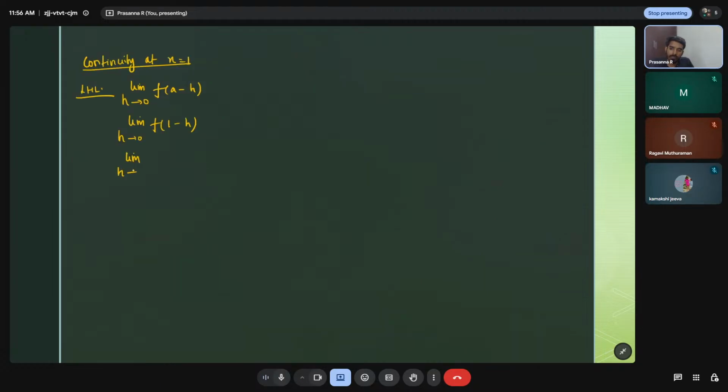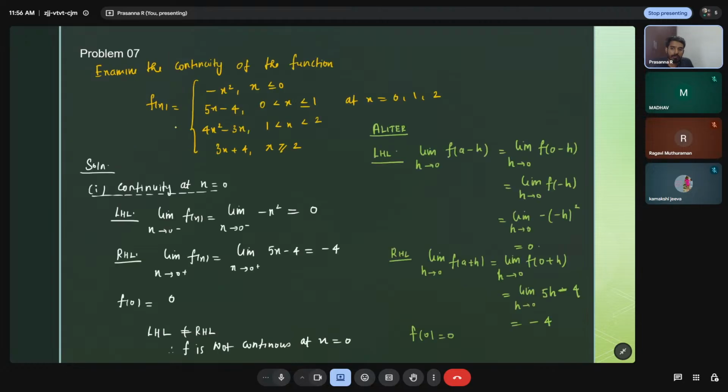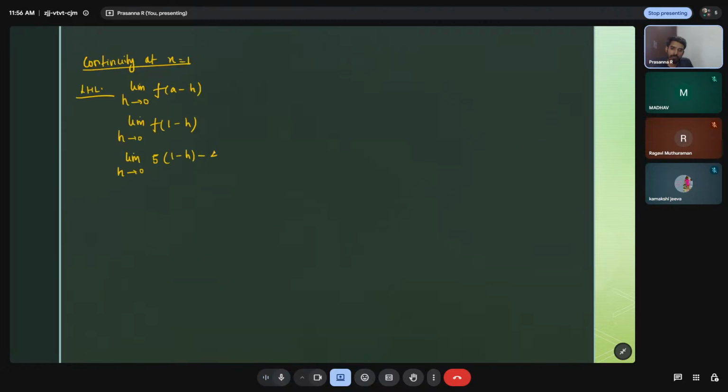So in 5x minus 4, you replace x by 1 minus h because we need f of 1 minus h. So f of x is 5x minus 4, so it will be limit h tending to 0, 5 minus 5h minus 4. So after the limit, it will be 1.